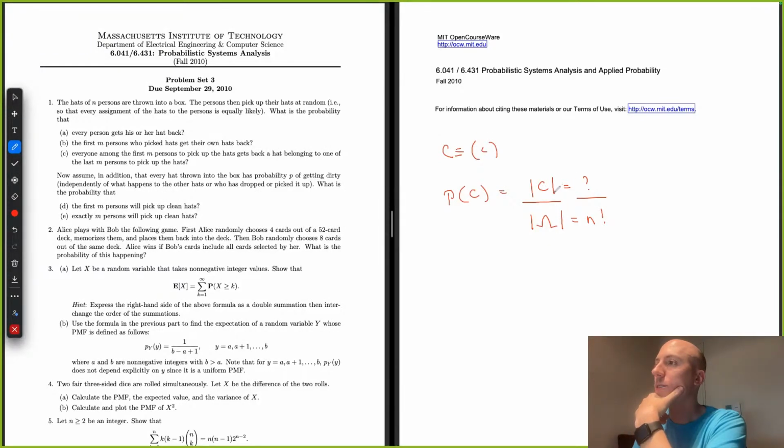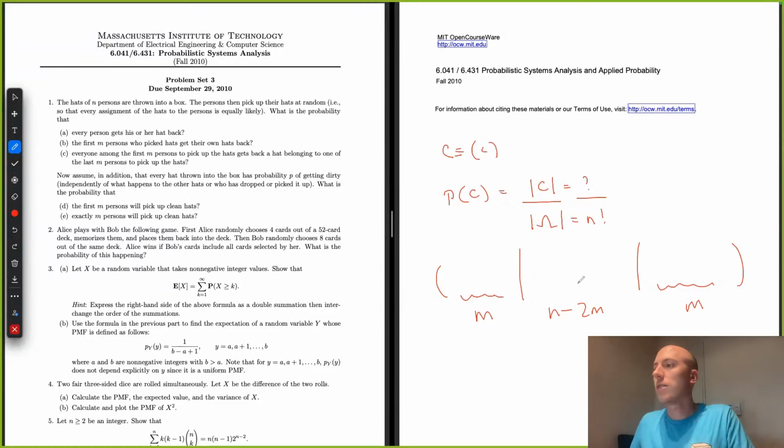We think about all the different ways that we could make this happen. The solution was saying that we look at the first m and the last m, and then this is n minus 2m here. These guys are kind of weird. So how many ways are there?